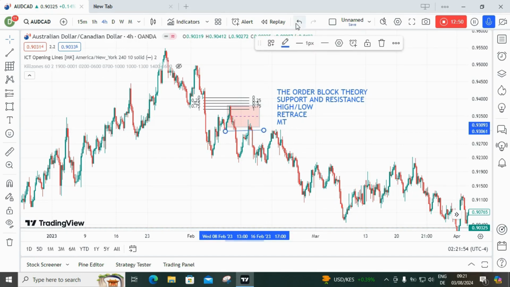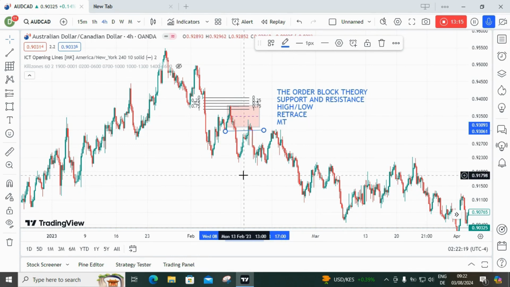moved lower. So for those traders who don't know what price action is, they will chase the market. They will move with the market and it will come back into a retracement. So it came back. That is what we call a retracement to retest the low that it had broken. So what happened? It should not violate the mean threshold.